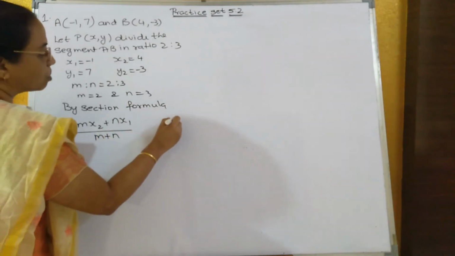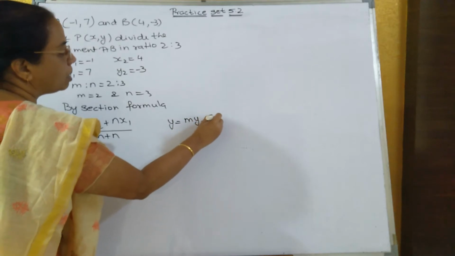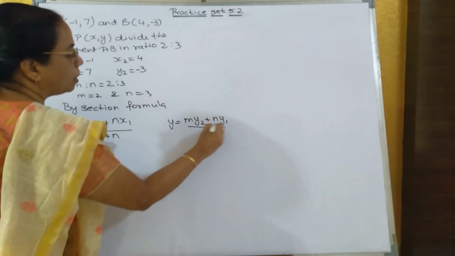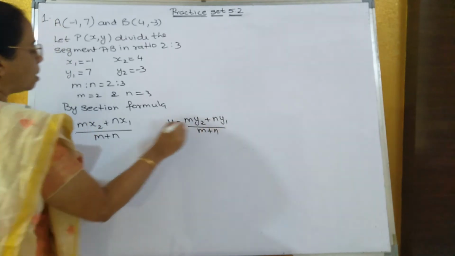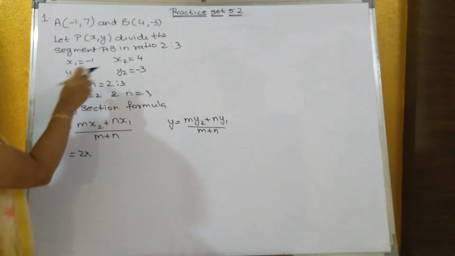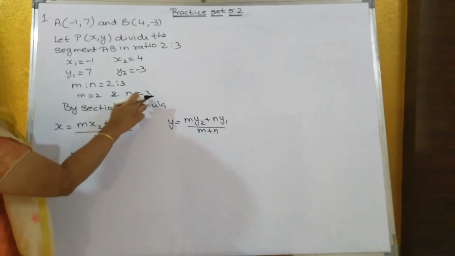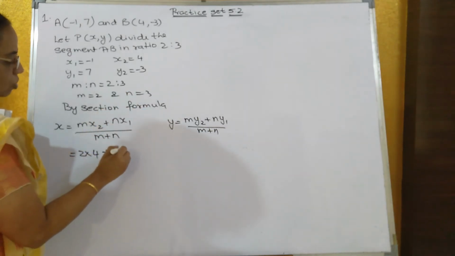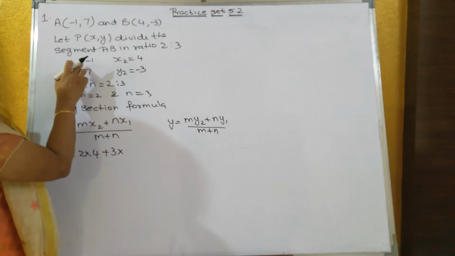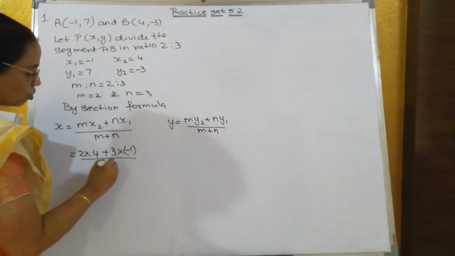Similarly, y is equal to (m y2 plus n y1) upon (m plus n). That is equal to, m is 2, so 2 into x2, which is 4, plus n, which is 3, into x1, which is -1, upon m plus n, that is 2 plus 3.